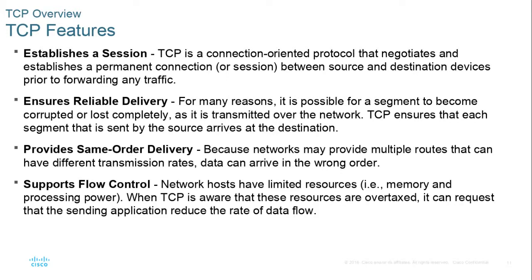Computers love to sort numbers. They're good at that. So if data is received, he simply sorts those incoming segments back into the proper order that they were transmitted. And we get an exact Xerox copy or duplicate of the original data, the ones and zeros. And this flow control feature, which if a network host runs out of resources like Amazon on Prime Day, he can request that sending applications slow down.